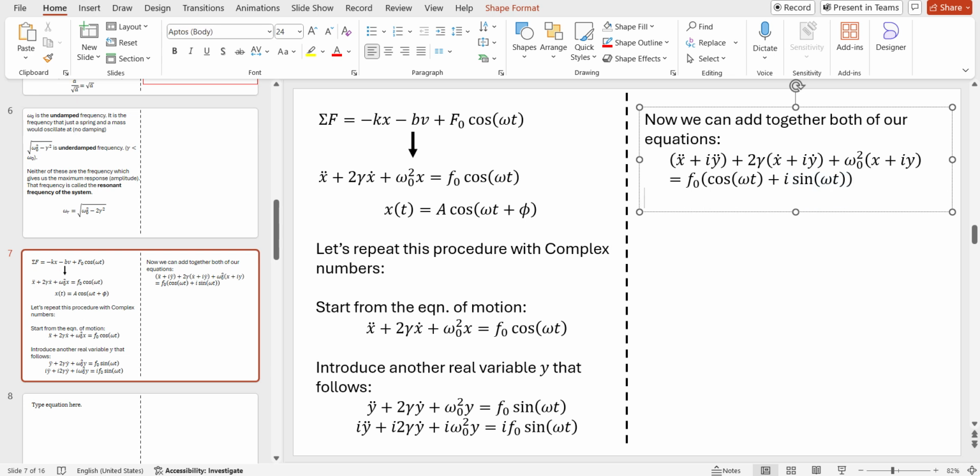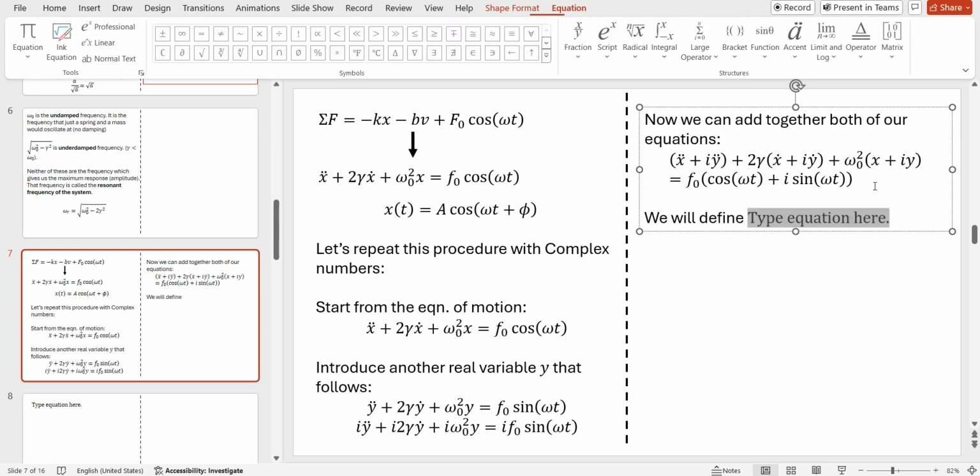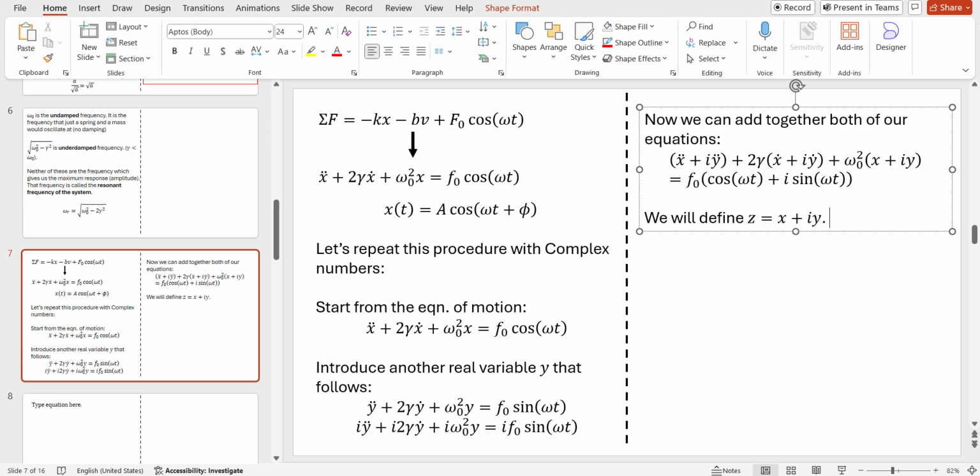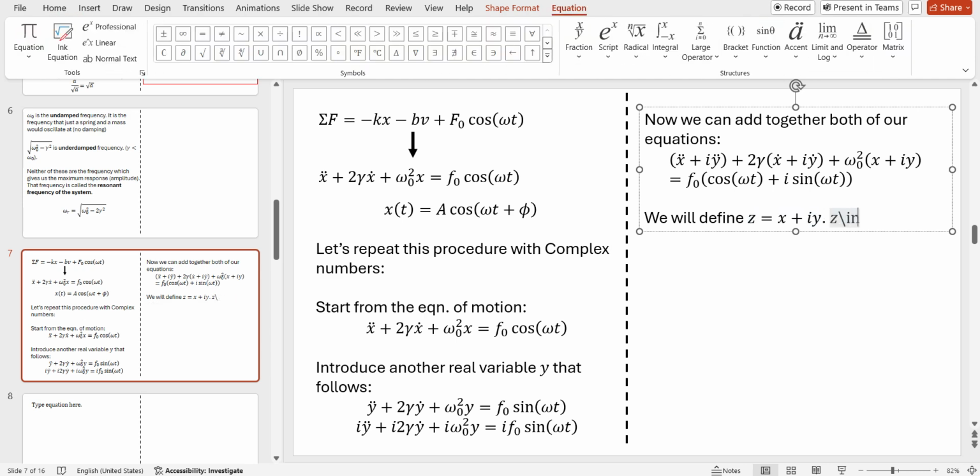So I'm going to do two things. First off, we will define a new variable z, just like last time, which is going to be equal to x plus i y. And z is a complex number. How do you write the complex numbers?